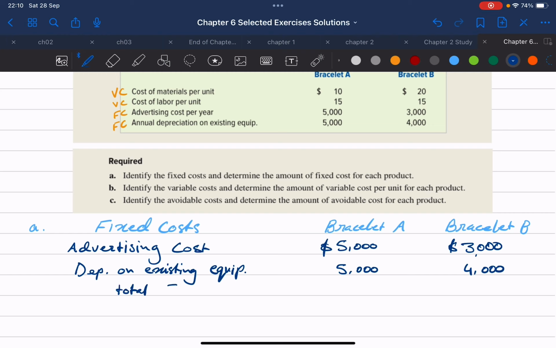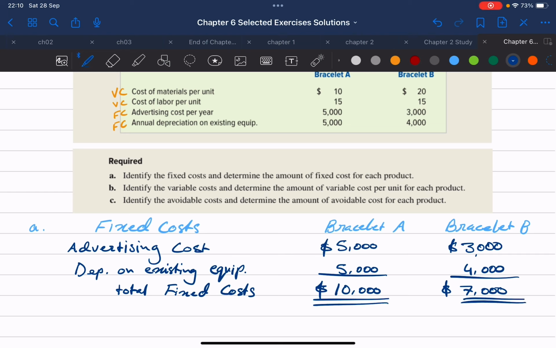Total fixed costs, 5,000 plus 5,000, that's 10,000. And for bracelet B, 3,000 plus 4,000, that's $7,000. So that's the first requirement.